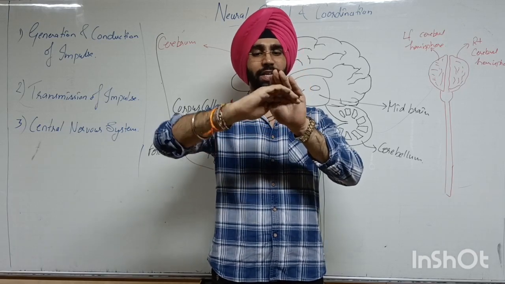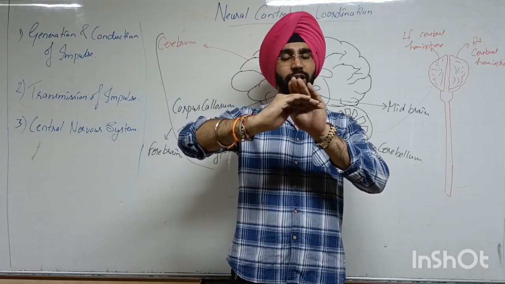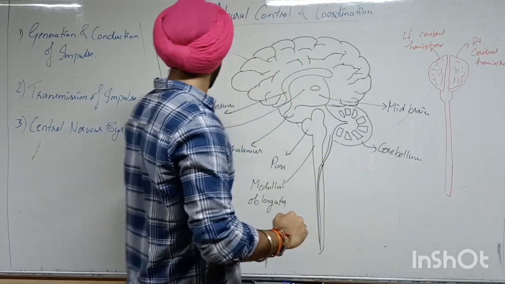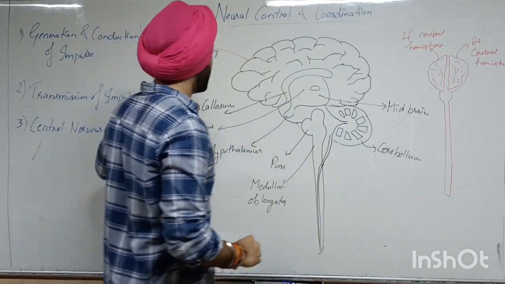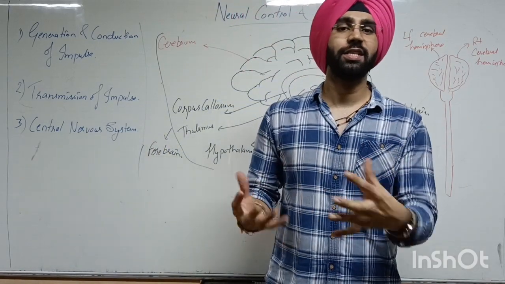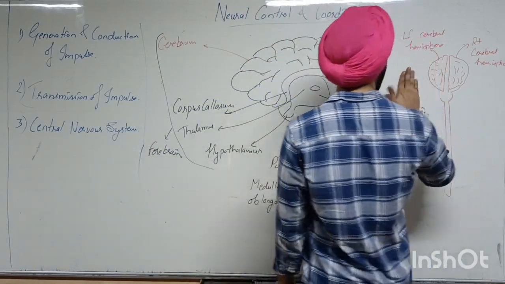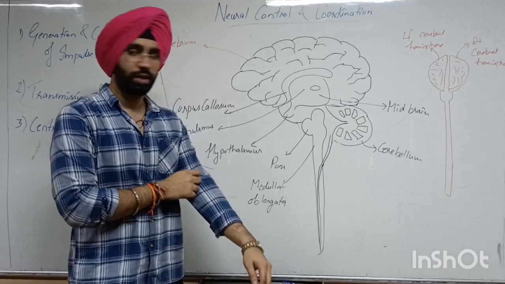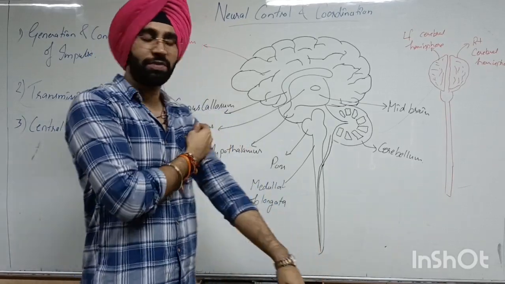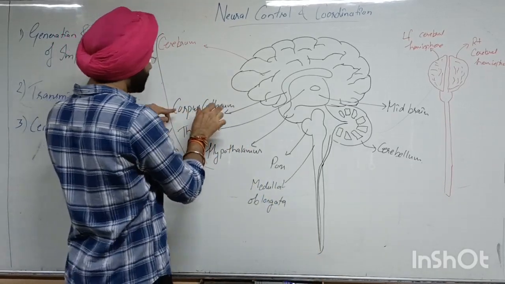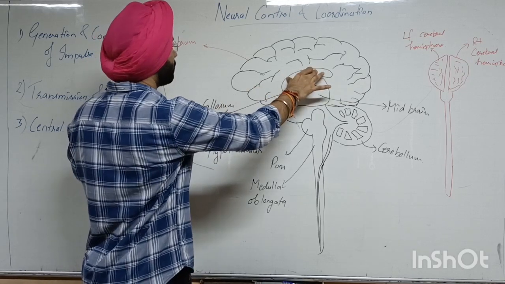This gap is covered by a layer of fibers known as the corpus callosum, which is responsible for coordination and synchronization between the left and right cerebral hemispheres.